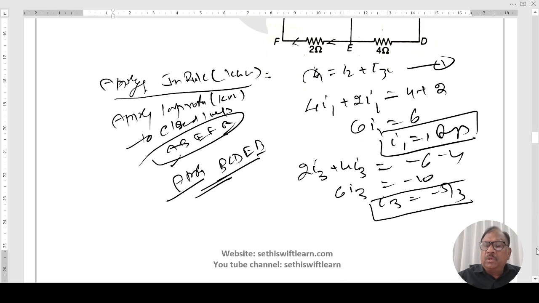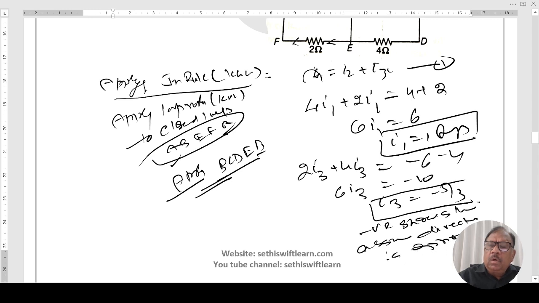Means the direction of I3 is negative. Negative shows that the assumed direction is opposite of that which we have considered. Now, I1 is known, I3 is known.